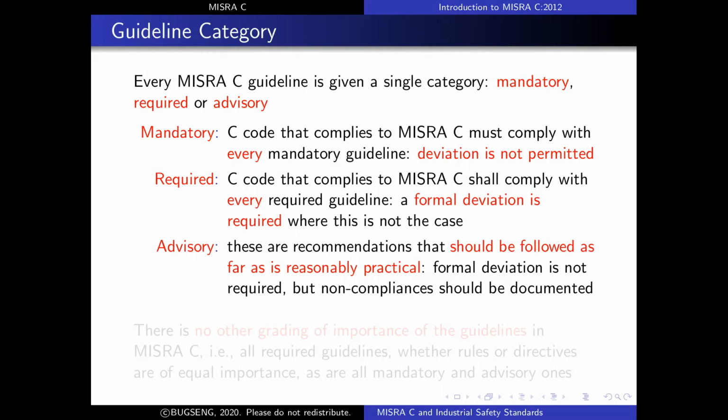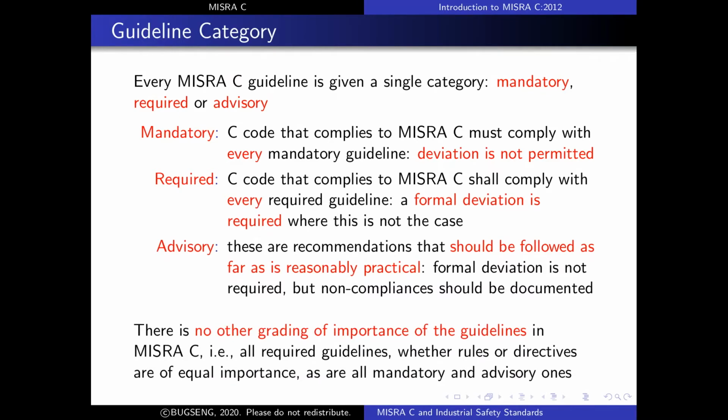So you need not give a justification, but you have to list them. There is no other grading of importance of the guidelines in MISRA C. So it's not true that rules are more important than directives or the other way around. Mandatory are the most important, then required, then advisory. This is the only grading of importance that is mandated by MISRA C.